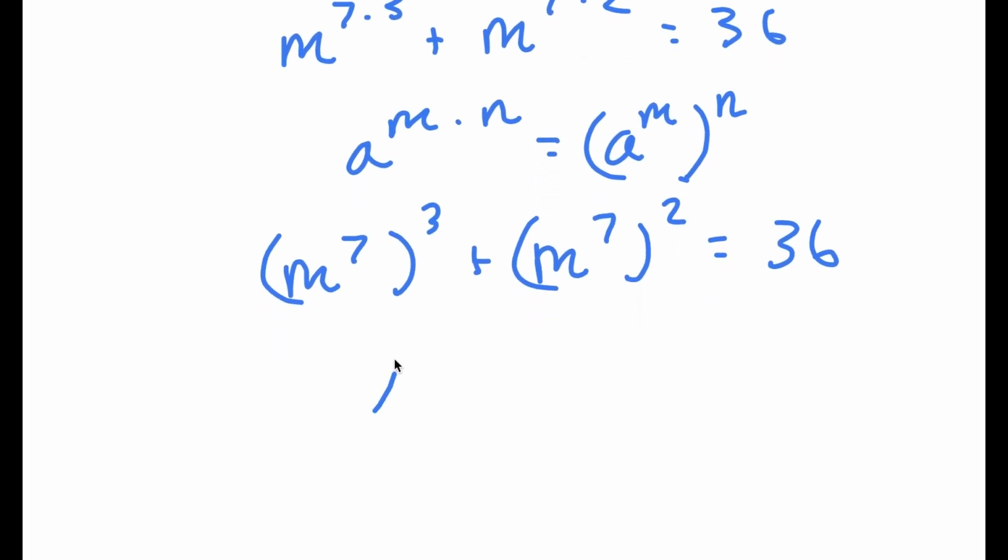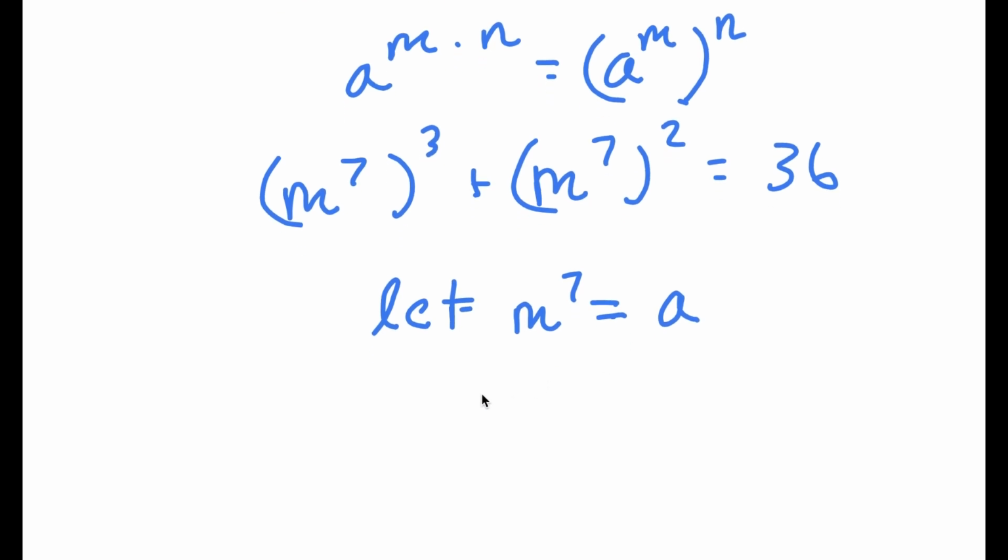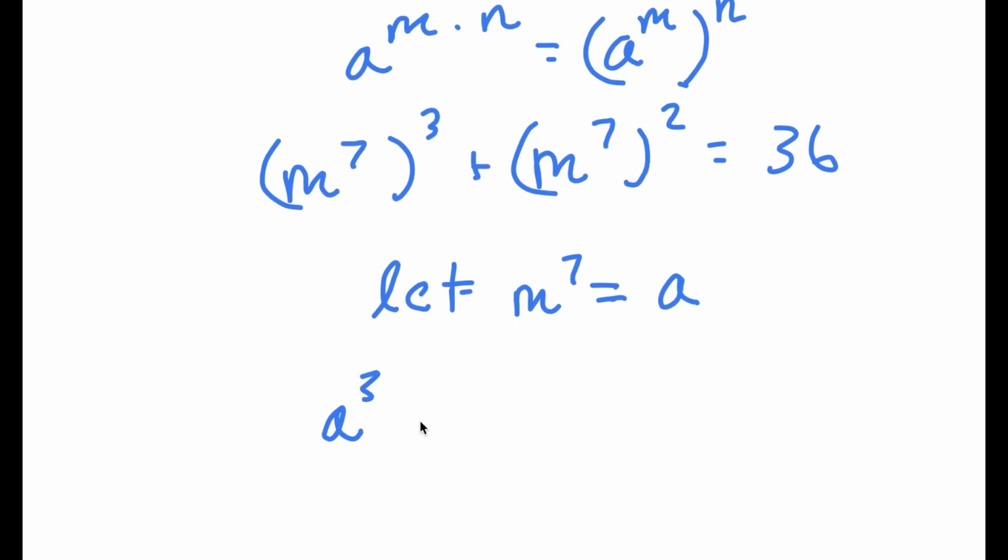Now I'm going to let m to the power of 7 equal the variable a. So now I have a to the power of 3 plus a squared is equal to 36.